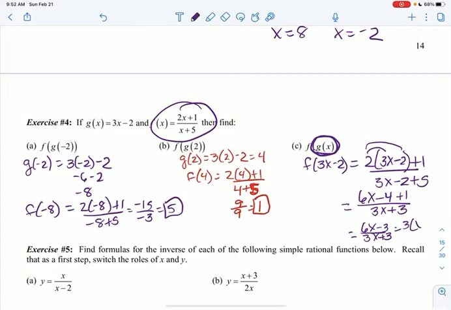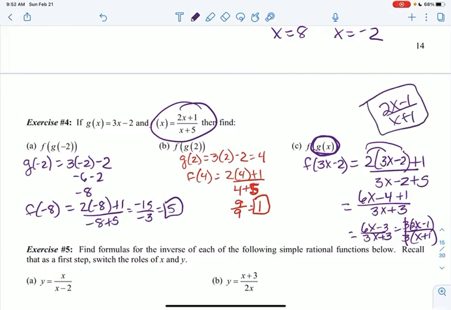I'm left with 2x minus 1 on top, and if I pull out a 3 in the bottom, I'm left with x plus 1. And then the 3's cancel. So I'm left with 2x minus 1 on top and x plus 1 on the bottom. And that's my answer.